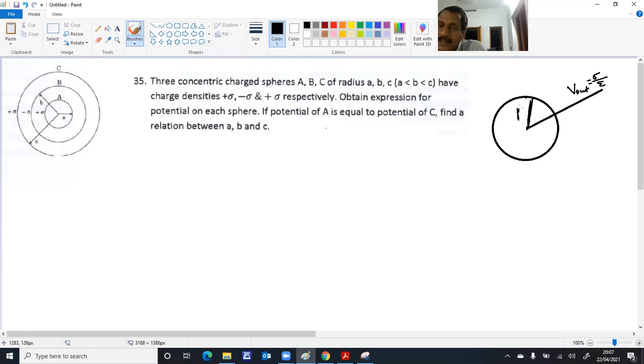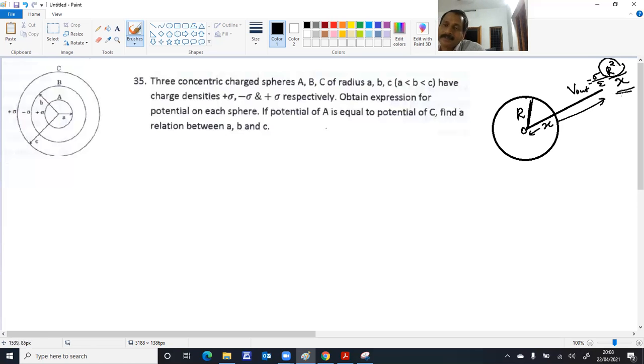If this is my sphere and I'm finding the potential, that should be R square. Then what should be the denominator? The distance, so if you name it small r or x, it'll be x. If you take the distance from the center to that point, that will be the distance here. So this is the contribution of the sphere, and this is the distance from the center of that sphere to the point.